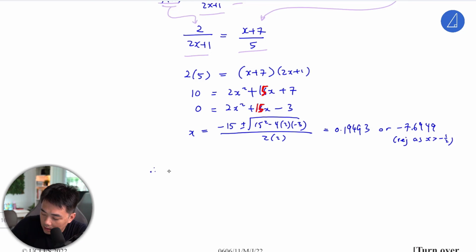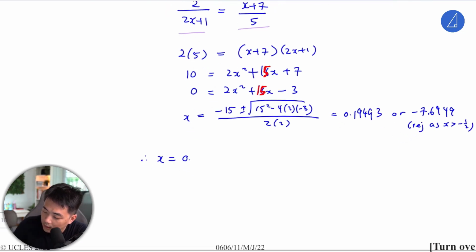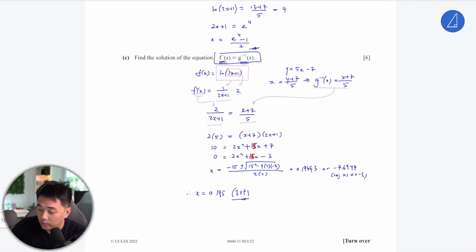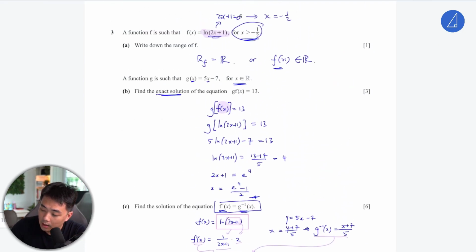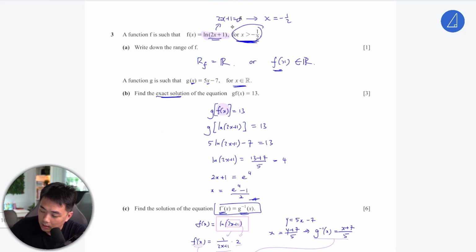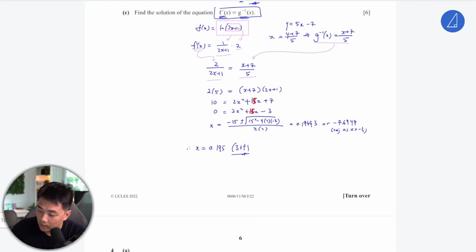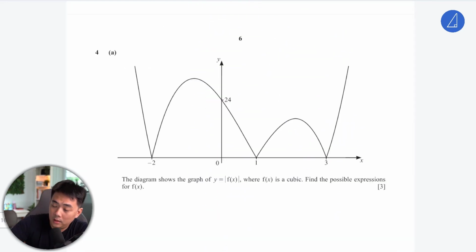So hence x will just be 0.1941195. It's super important, I think that's the reason why they put a domain there and ask you to find a range, to know what input values of x could be input into the equation. Let's look at question 4.